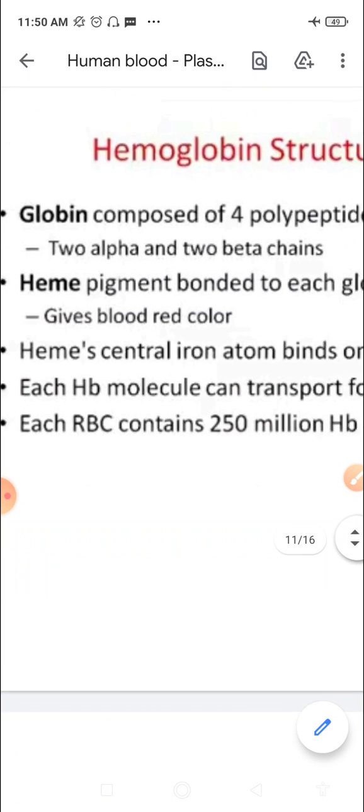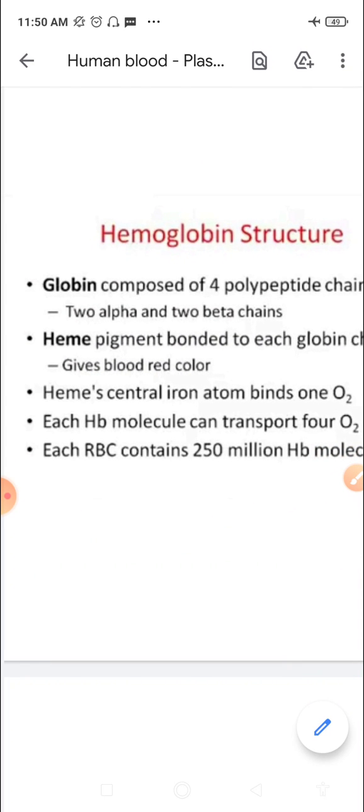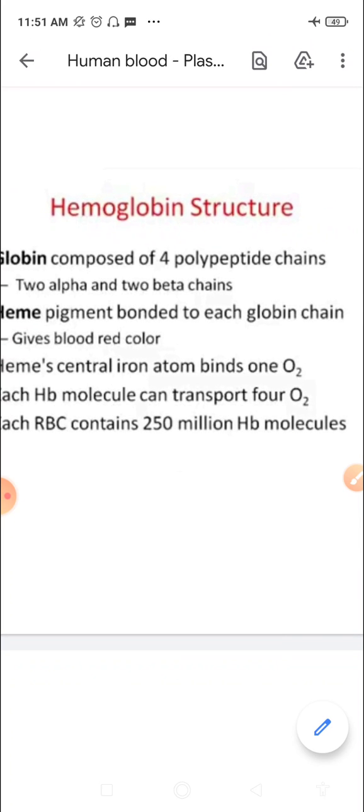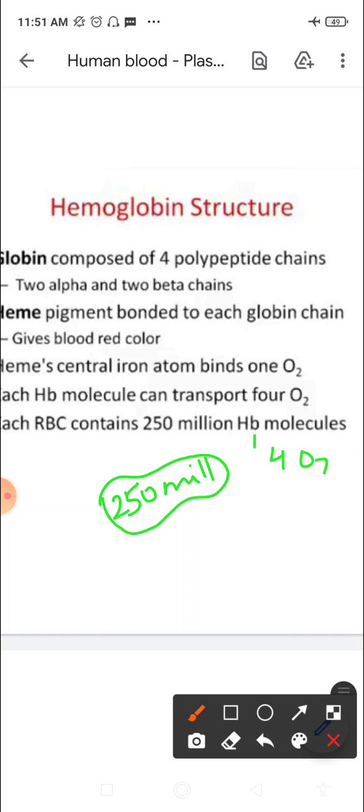Then it says here, each RBC contains 250 million hemoglobin molecules. So if I draw an RBC like this, this carries 250 million hemoglobin molecules, and each hemoglobin molecule carries 4 oxygen atoms.